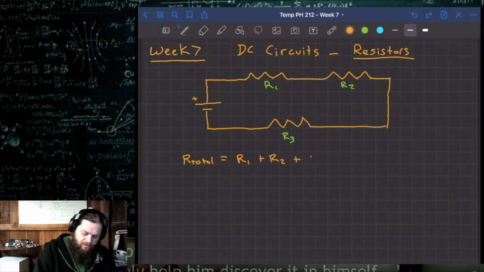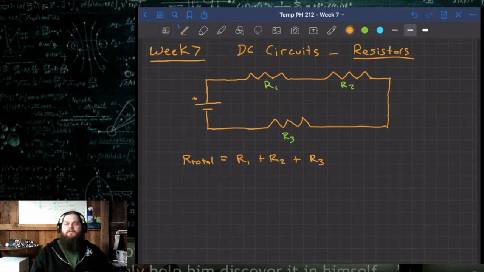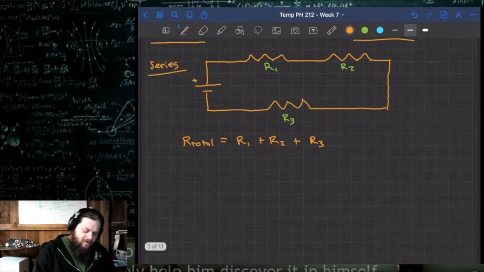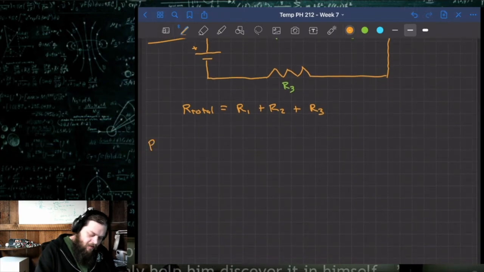We saw something similar to that in capacitors, except for capacitors it was the parallel circuits that we added up the capacitance for. Here, in the series circuit, we add up those resistances.